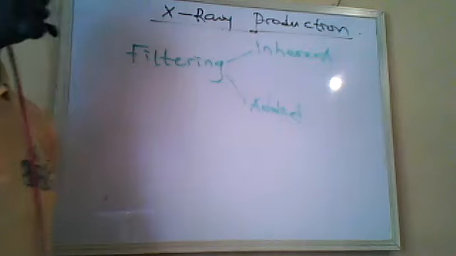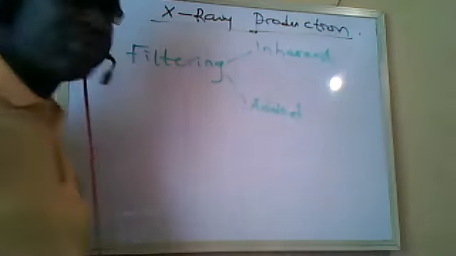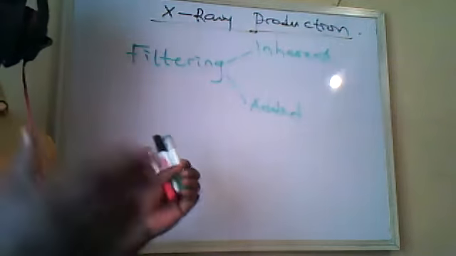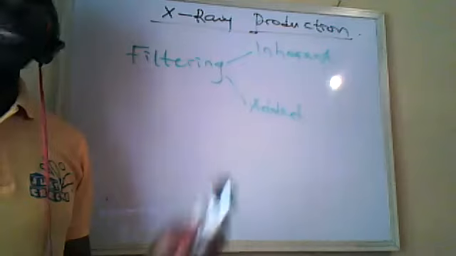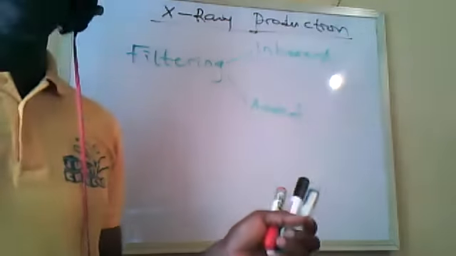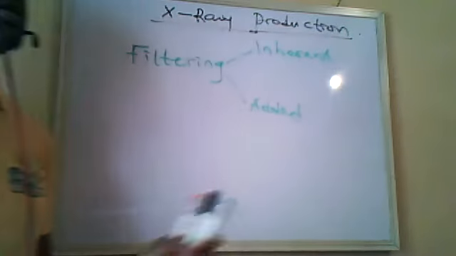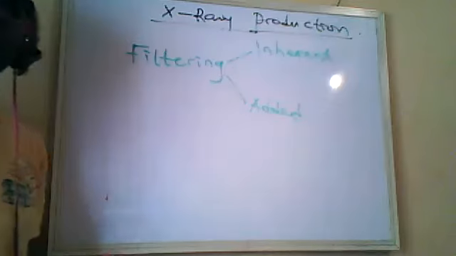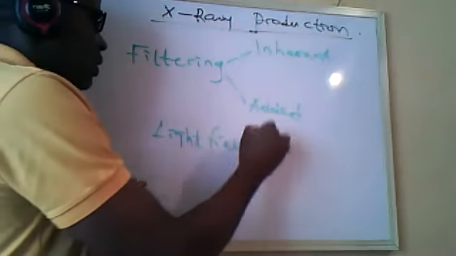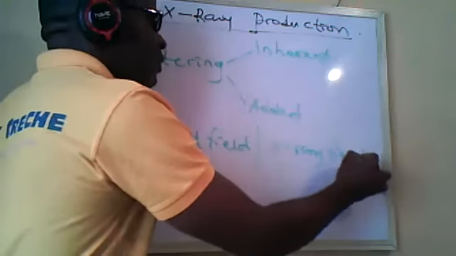The mirror. There's always a mirror inside the X-ray tube. The mirror is that which defines the X-ray field. Sometimes, maybe quarterly, three or four times in a year, we need to calculate the deviation between the light field and the X-ray field.